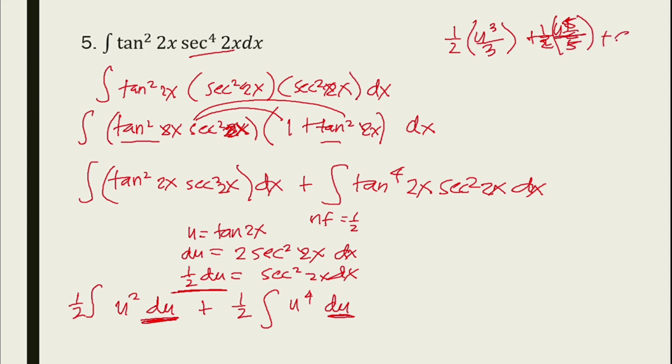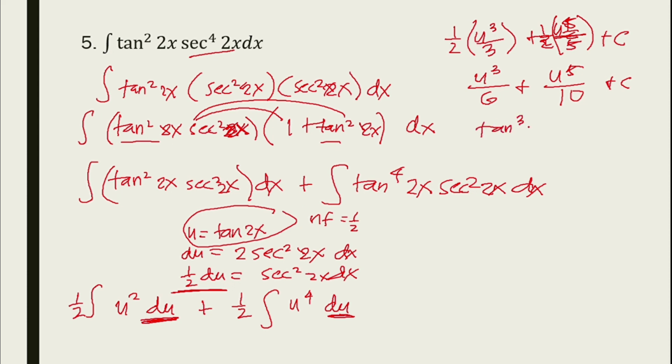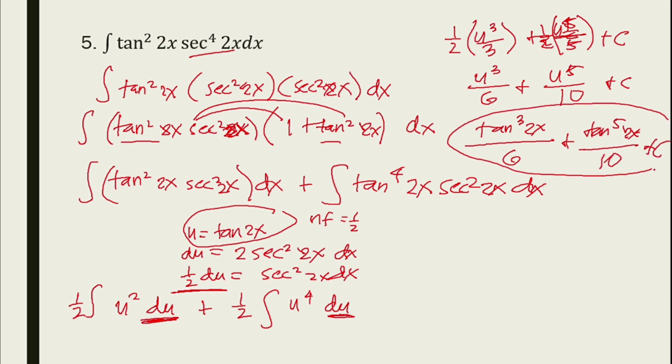So this is u cubed over 6 plus u raised to 5 over 10 plus c. What is our u here? Tangent 2x. So tangent cubed 2x over 6 plus tangent to the 5th 2x over 10 plus c. So this is the final answer.